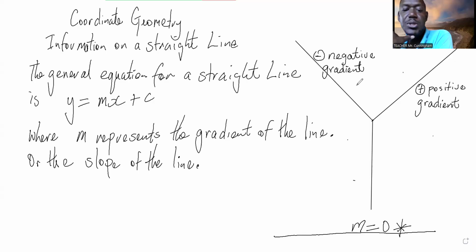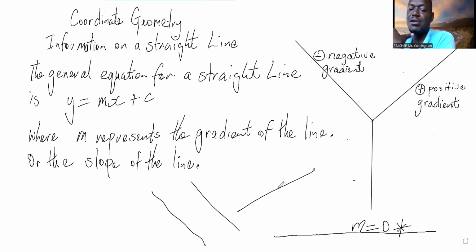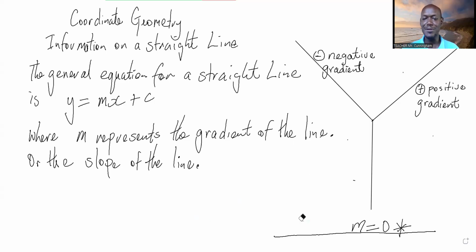Anybody lost? Lines that are drawn this way have a negative gradient. Lines that are drawn the other way, the gradient is positive. Keep your y in mind. And a flat line, the gradient is 0. All right, so let's move on.